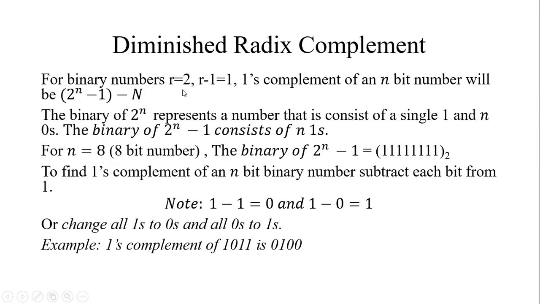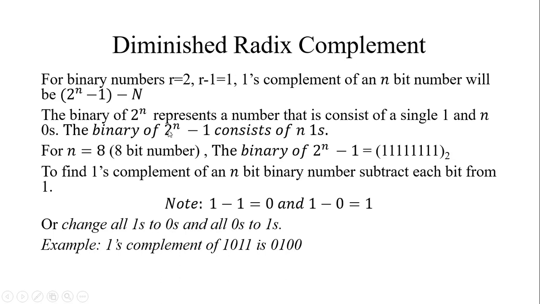For a binary number, R is equal to 2, R minus 1 is equal to 1. So one's complement is the diminished radix complement in the binary number system. So one's complement of an n-bit number will be 2 raised to power n minus 1 minus N, the number. Here 2 is the base of the binary number system, and the small n represents the number of digits or number of bits. The binary of 2 raised to power n represents a number that consists of a single 1 and n zeros.